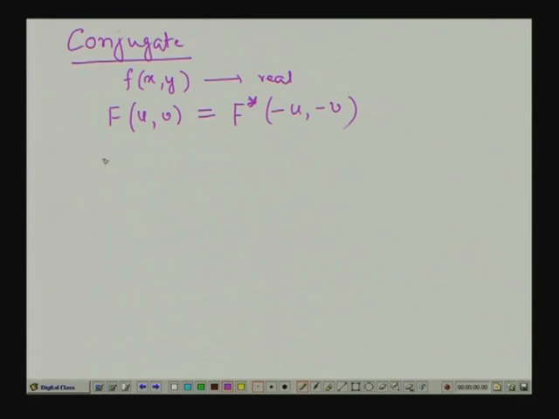And obviously, because of this, if I take the Fourier spectrum, |F(u,v)| will be the same as |F(minus u, minus v)|. So, this is what is known as the conjugate property of the discrete Fourier transformation.